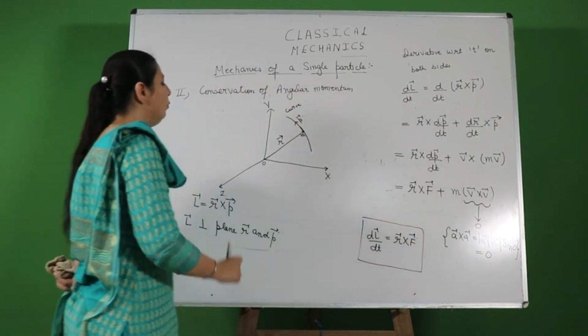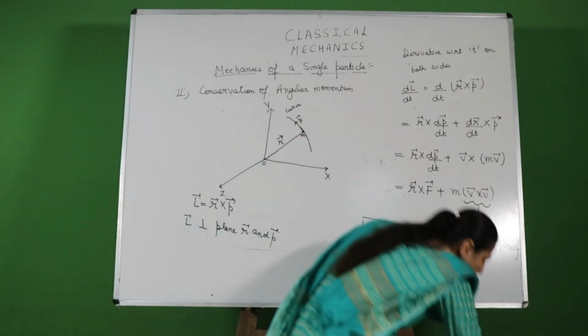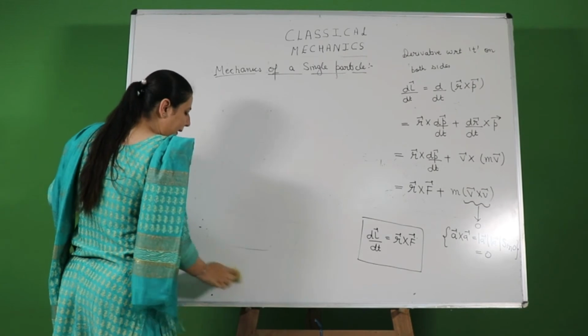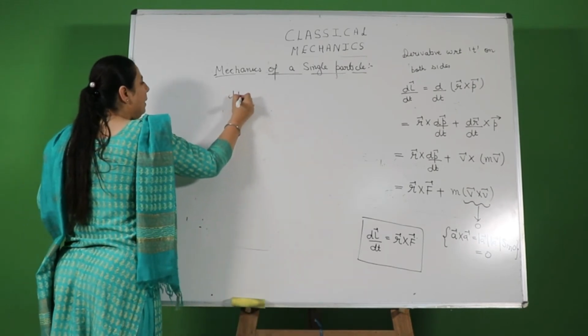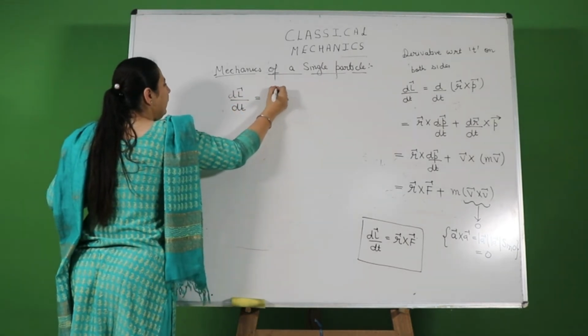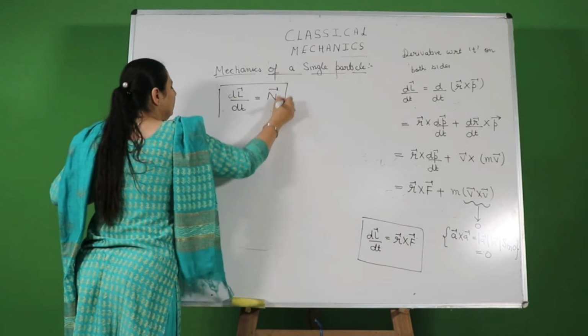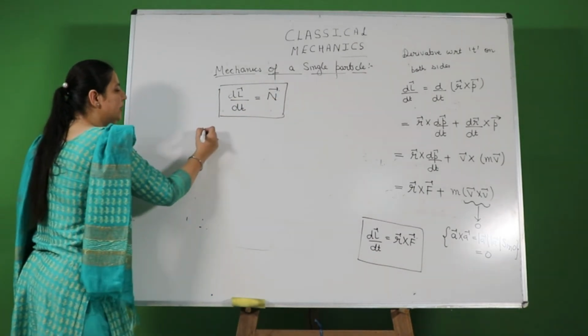So if you remember, what was r cross F? r cross F was nothing but torque. So what will I get? I will get dL upon dt equals torque N. So what will happen when torque vanishes?